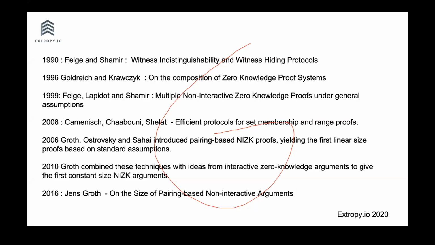We got a really practical way of doing zero knowledge proofs. We started to get some protocols and systems, which I'll cover later on, which made it really practical to produce proofs in systems.